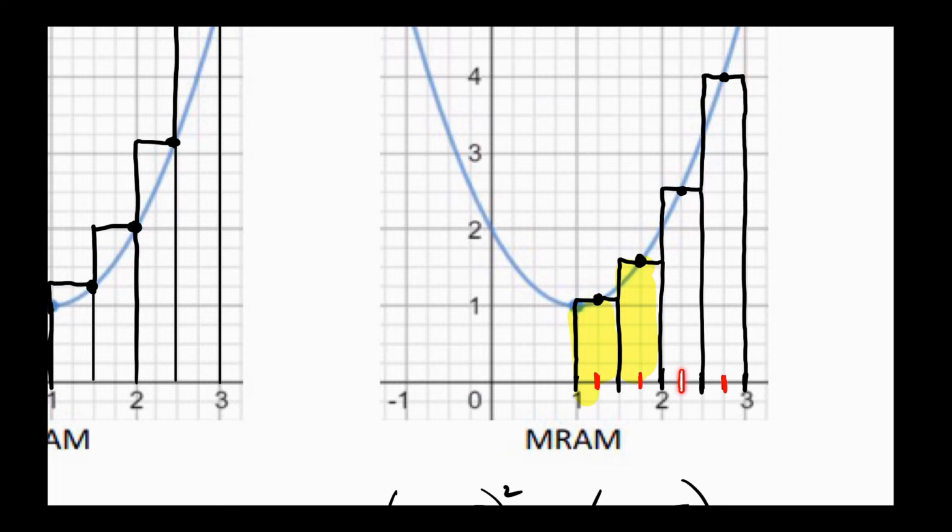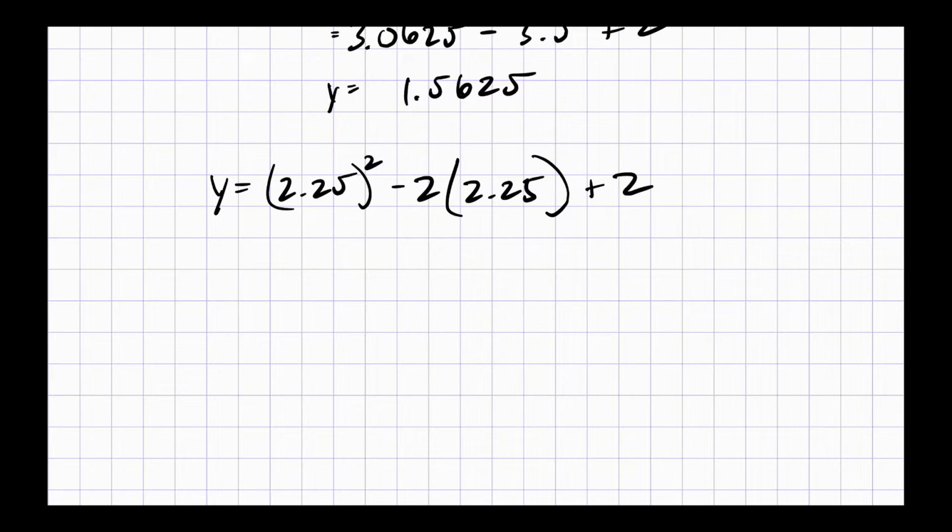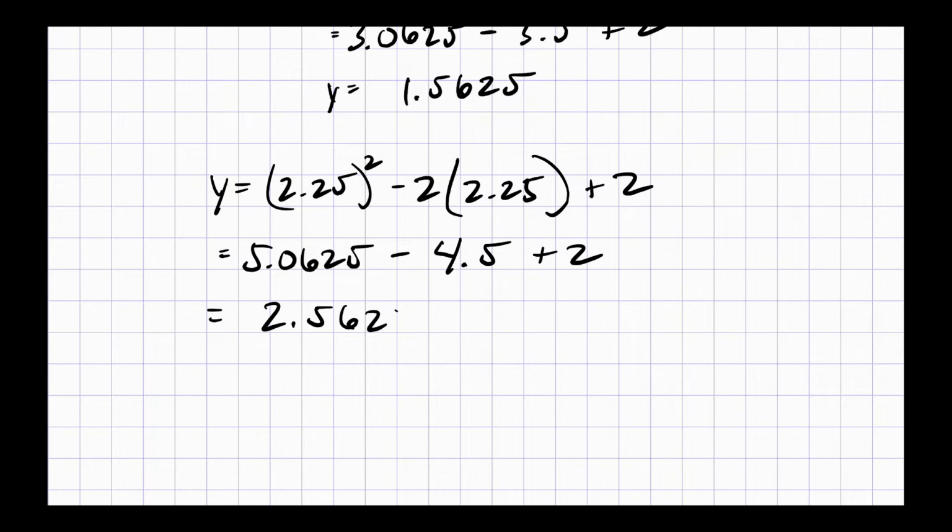This is 2.25, so 2.25 determines the height. 2.25 squared minus 2 times 2.25 plus 2. 2.25 squared is 5.0625, minus 2 times 2.25, which is 4.5, plus 2. I get 2.5625.